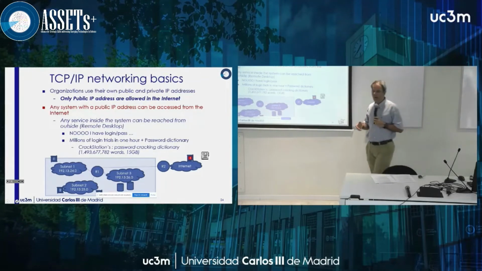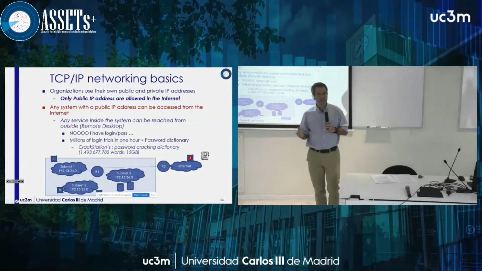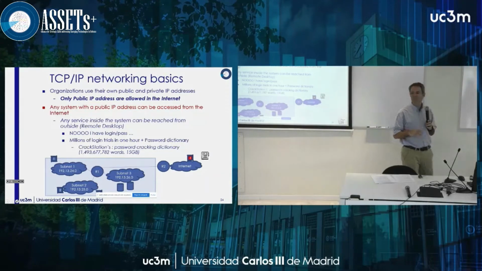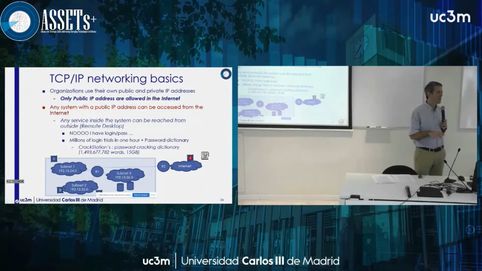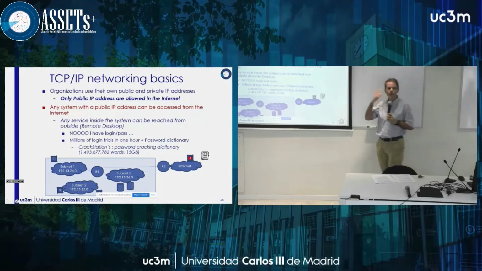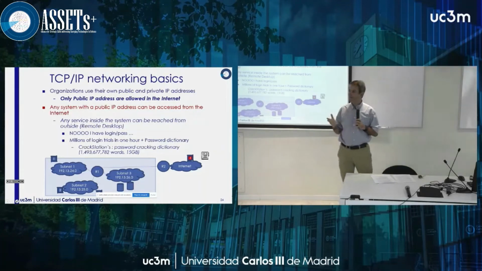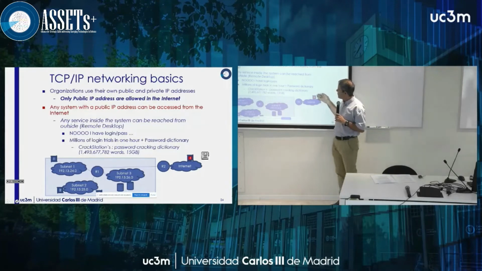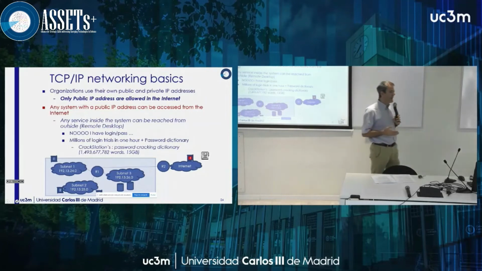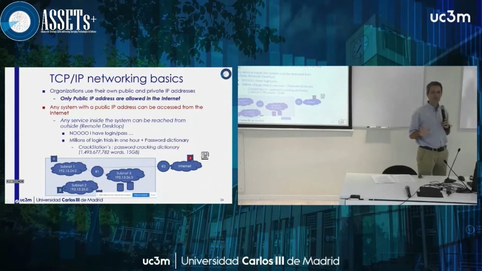For example, in the last version of Windows, every system has more than 200 services running inside your computer. Some of them can be accessed through the network, through the internet. So, for example, you can think about the remote desktop service. If anyone from the internet can access my computer and can access my remote access service, my PC is out of control, okay?